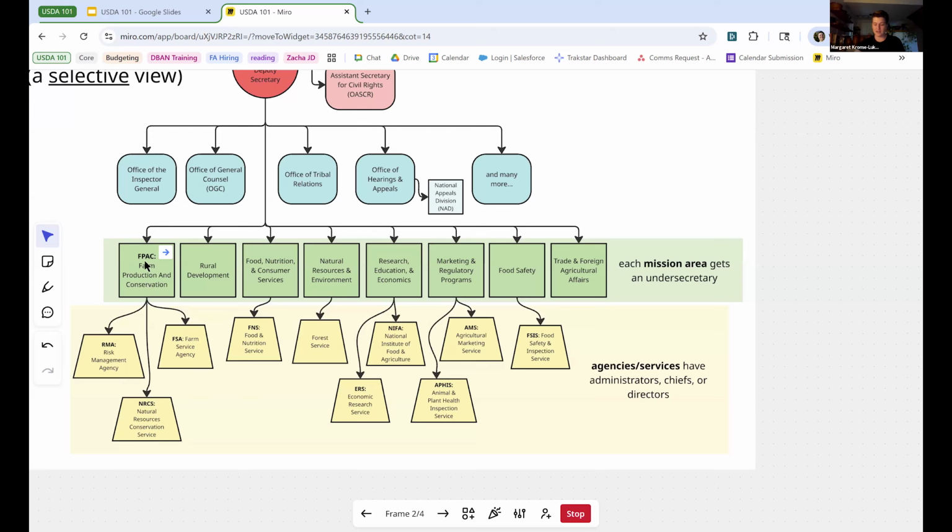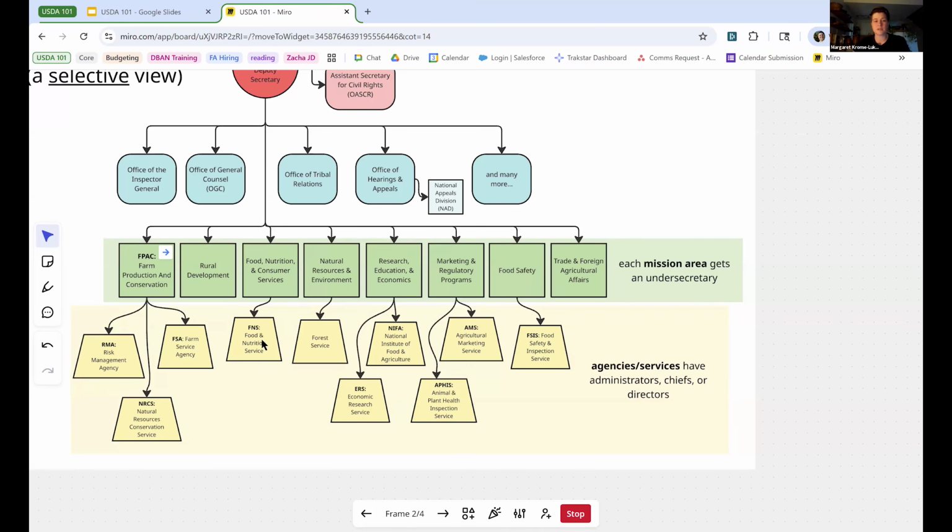Before we do, let's take a look. We've got rural development. Important to know that rural development is one of the loan making agencies that is relevant in rural areas. A lot of those loans focus on housing. Food and Nutrition Service, so SNAP, is run by USDA.